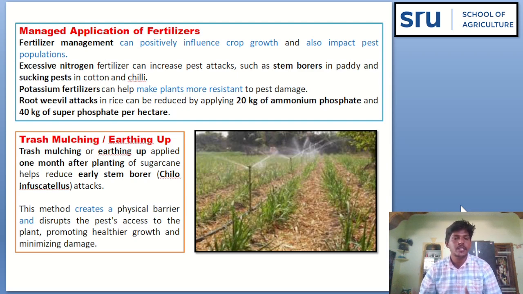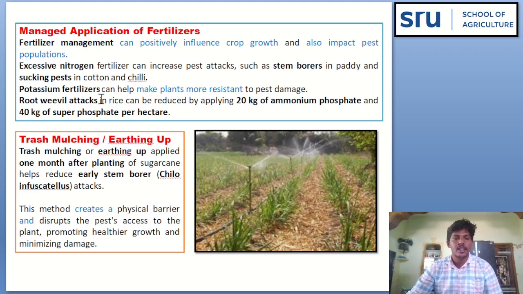So here, judicious application of recommended fertilizer doses is a must. Here one example is given: stem borer in paddy and sucking pests in cotton and chili. They will increase enormously when you are applying excessive doses of nitrogen.